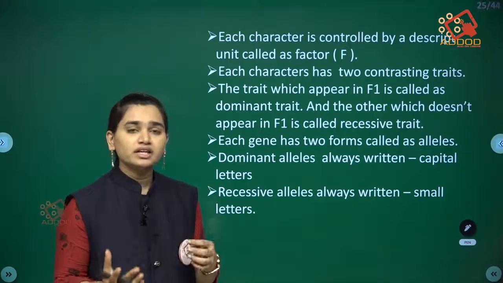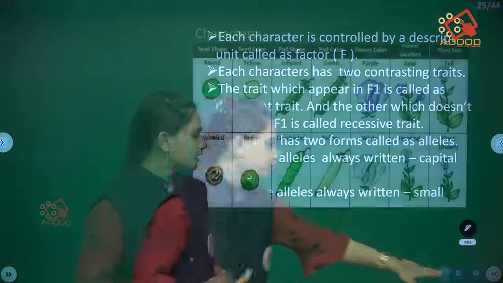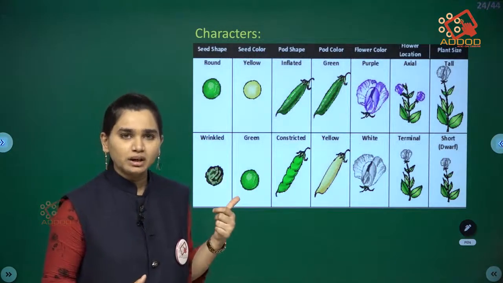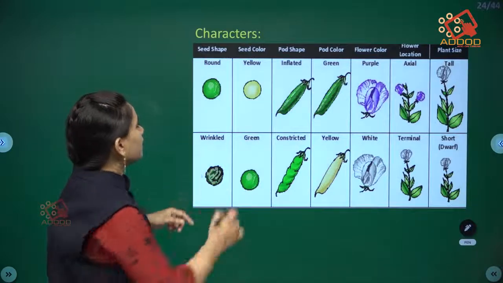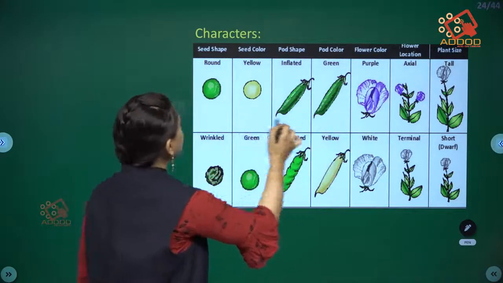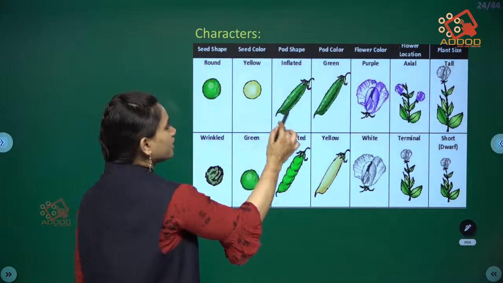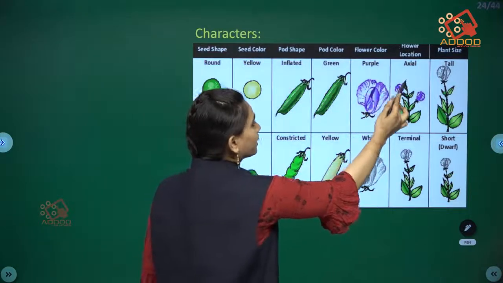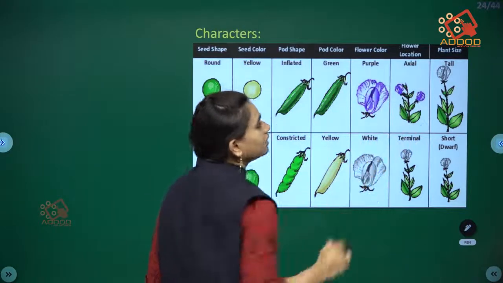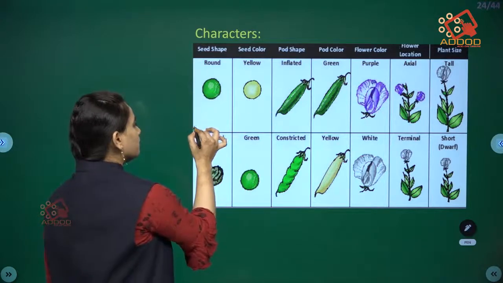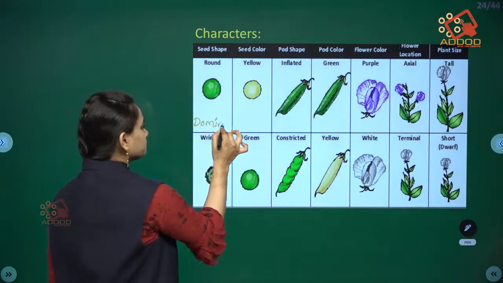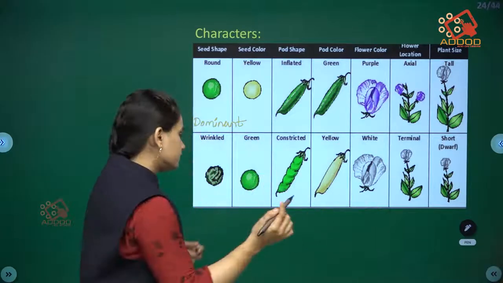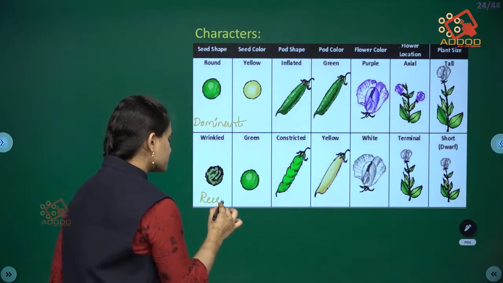Now, let me show you what the dominant traits in Mendel's characters are. These were the characters that Mendel observed in the pea plant. Out of all these characters, round seed shape, yellow seed color, inflated pod, green colored pod, purple colored flower, axial position of the flower and tall plant, all these were the dominant characters, and the remaining ones were the recessive characters.